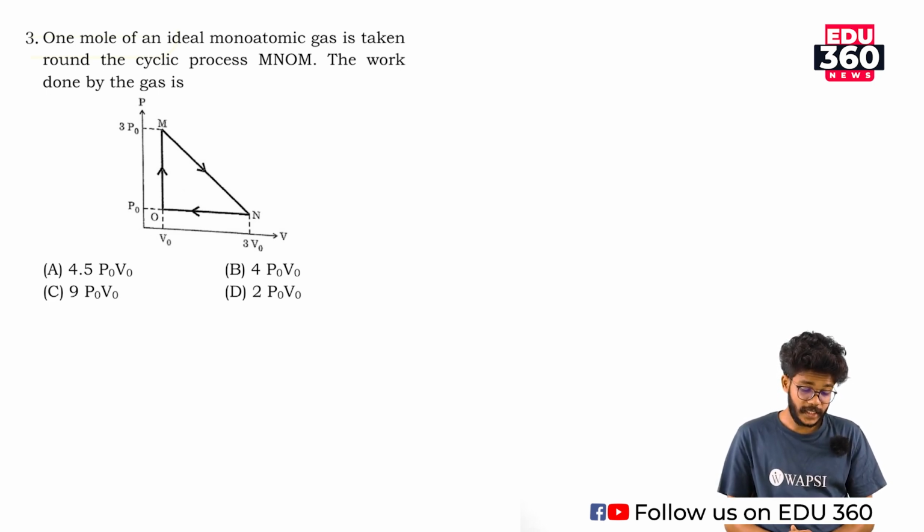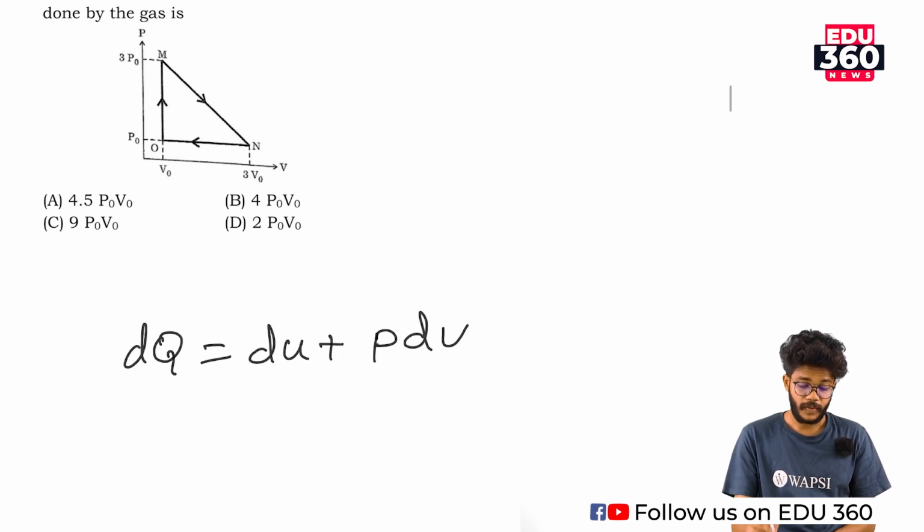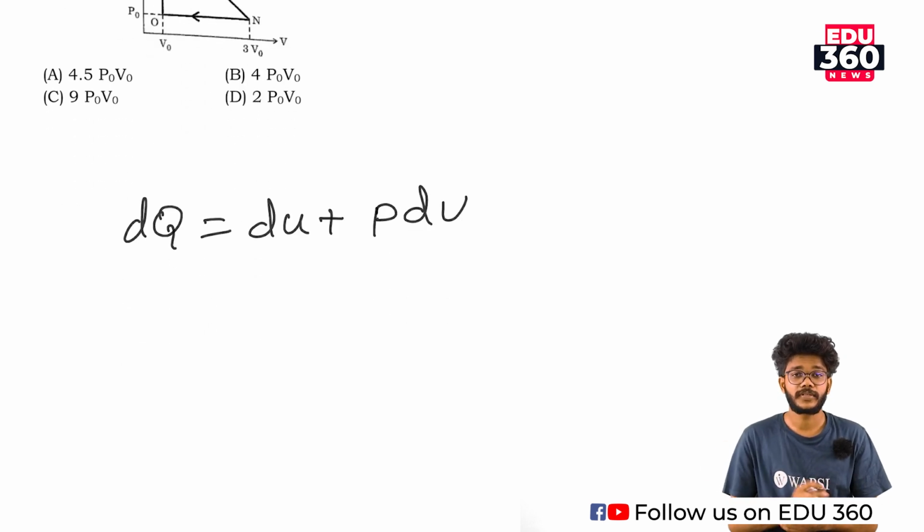The work done by the gas: by the first law of thermodynamics, we know that dQ is equal to dU plus PdV. What is meant by this equation? The total heat given is used to change the internal energy and to do the work. The first term represents the heat supplied by ourselves, and dU is the change in internal energy.